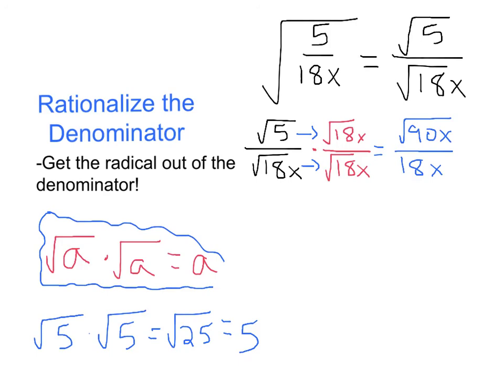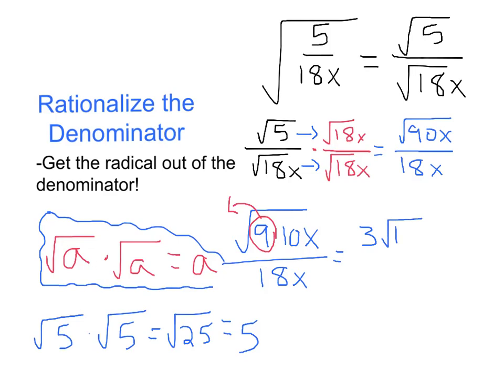So the square root of 9 times 10, and then we still have an x, over 18x, and 9 is a perfect square, so the square root of it is 3. So I have 3 square root of 10x all over 18x.